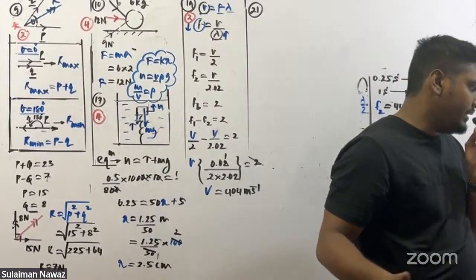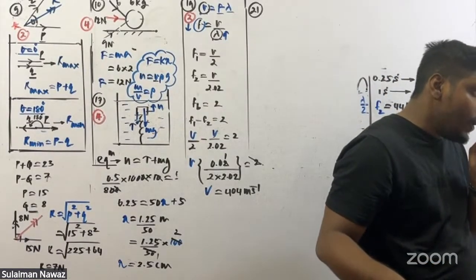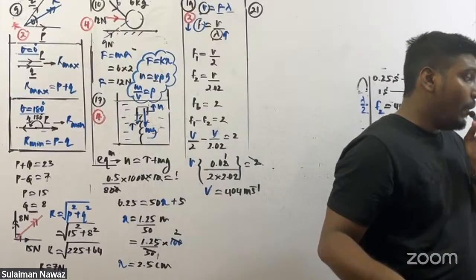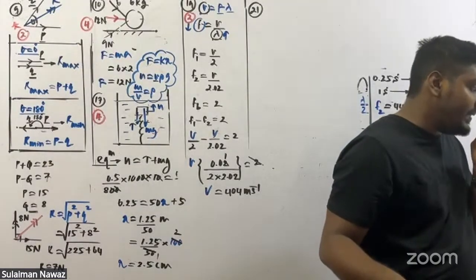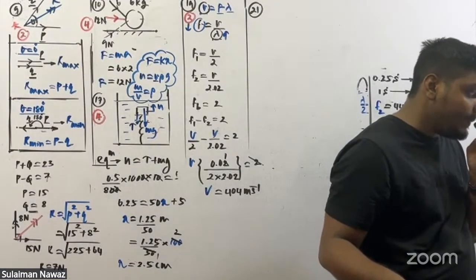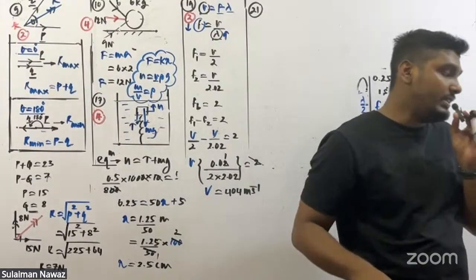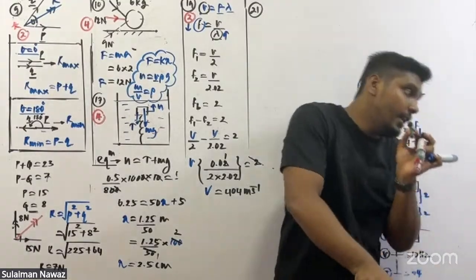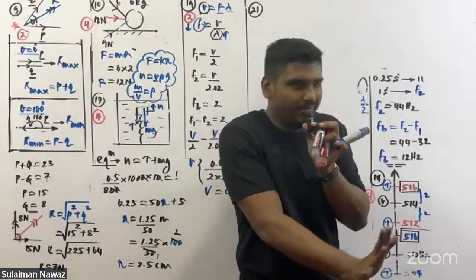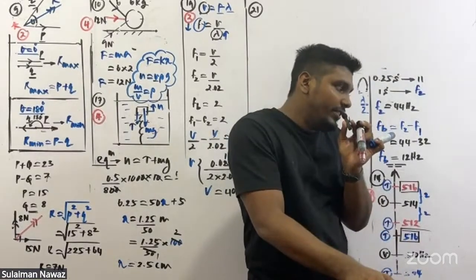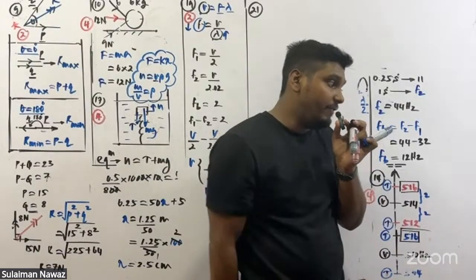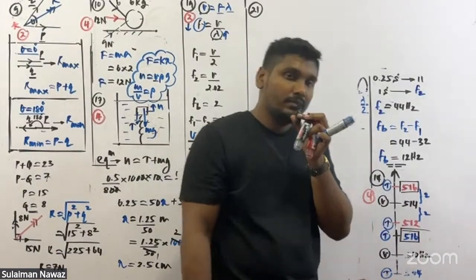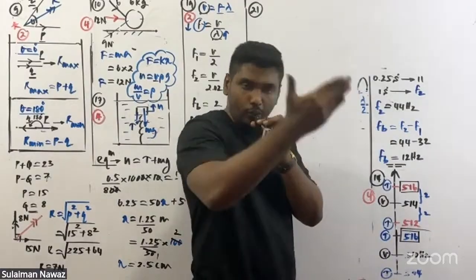Now see, object A is going right side under constant speed, 2 m/s. Object B moves under constant velocity to the right side, 8 m/s. Object C moves under constant velocity, 4 m/s to the left side. Object D moves to the right side, constant velocity, 4 m/s. Very simple. Which of the following correctly shows the rough diagram of the displacement time graph for the motion of the four objects?